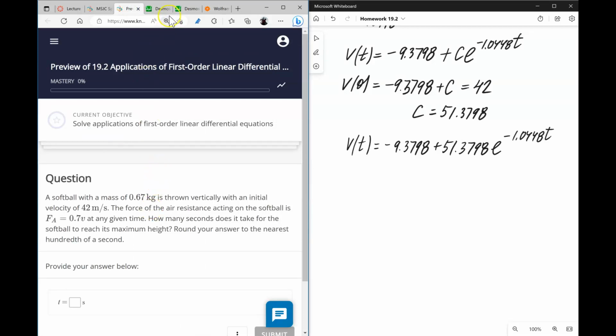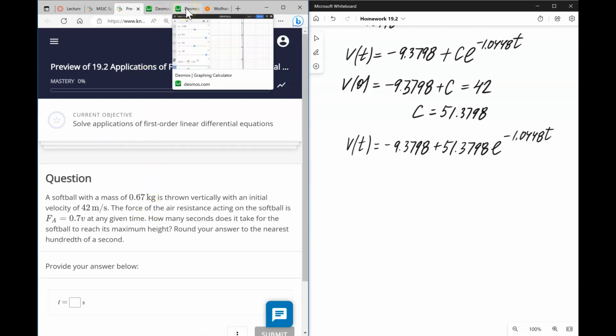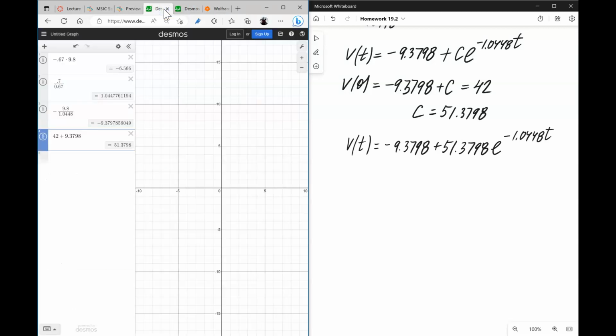to reach its maximum height, and the maximum height will be obtained when the velocity is equal to 0. So we need to solve this equation for t.